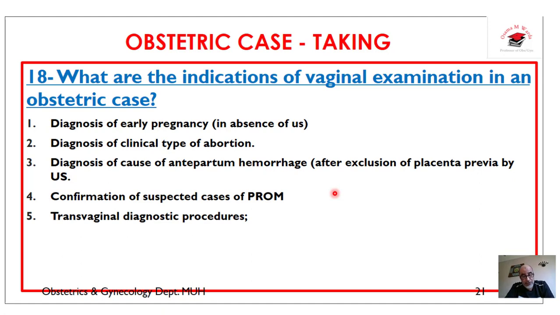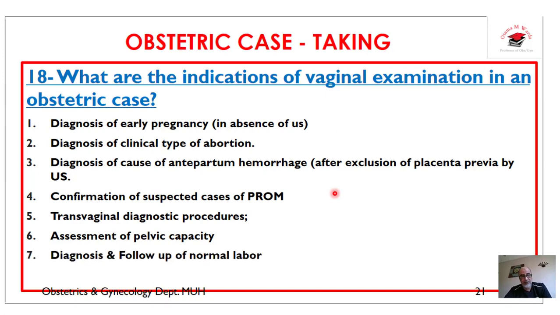Transvaginal diagnostic procedures are another indication for vaginal examination in obstetrics. Assessment of the pelvic cavity as previously mentioned. Diagnosis and follow-up of normal labor by diagnosis of cervical changes, cervical dilation, station of the head, and the condition of membranes.